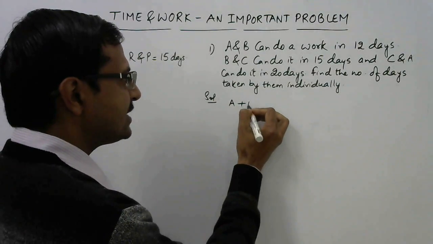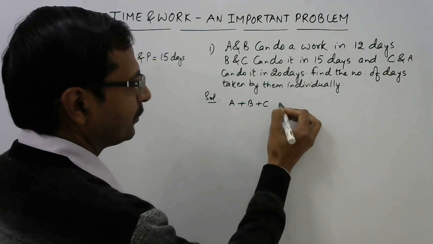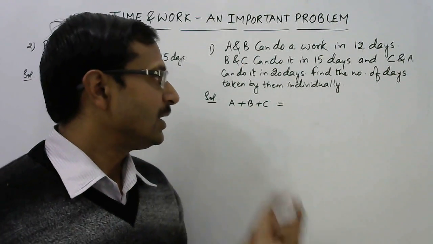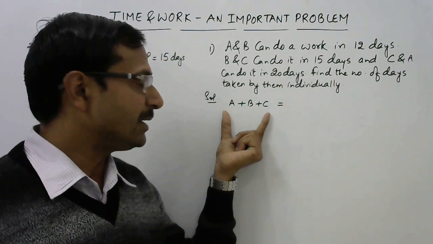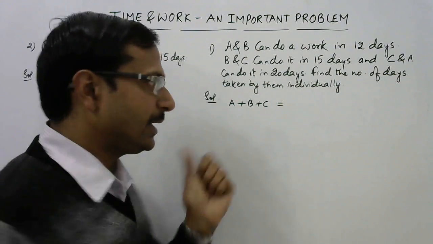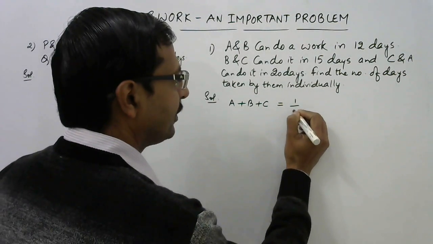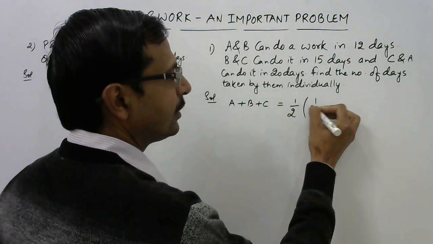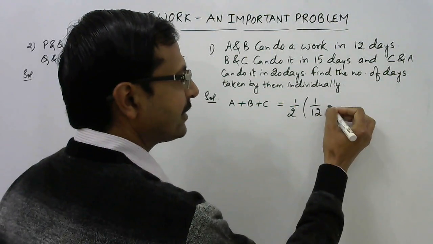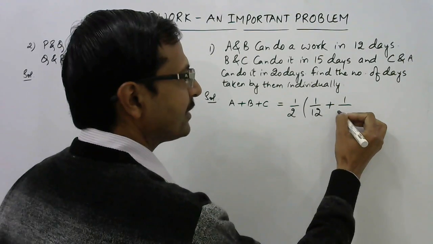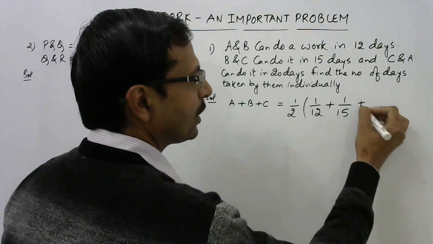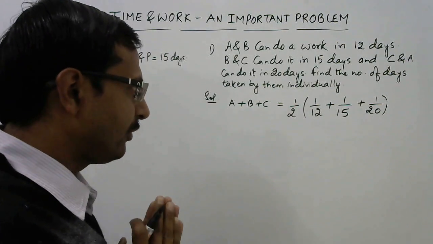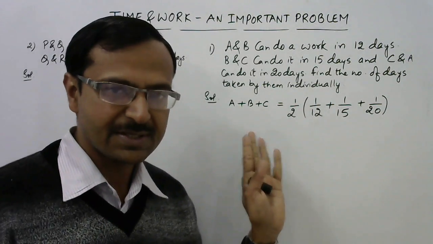If you want to find the time taken by A, B, and C together from the three pairs, do it like this: half of 1 by 12, the reciprocal of the number of days taken by the first pair, plus the reciprocal of the second pair, plus the reciprocal of the third.